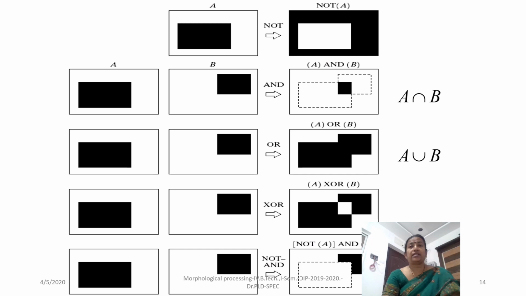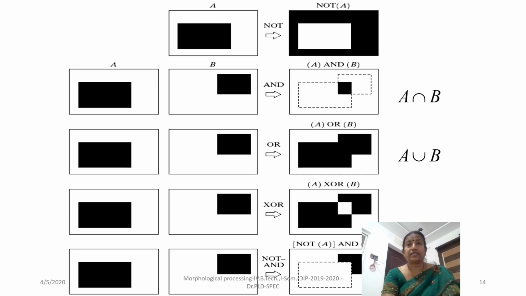Then these are different logical operations from the point of view of morphological images. A is an image and B is a structuring element, if you consider it so, or another set. Then how do you perform different morphological processing here with the logical operators?